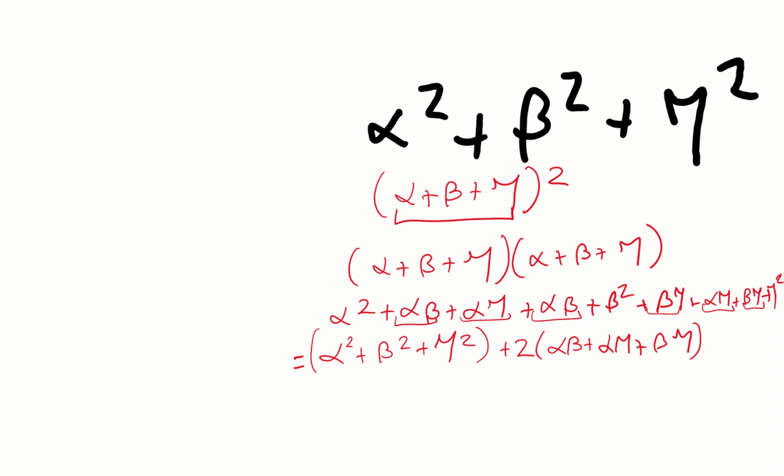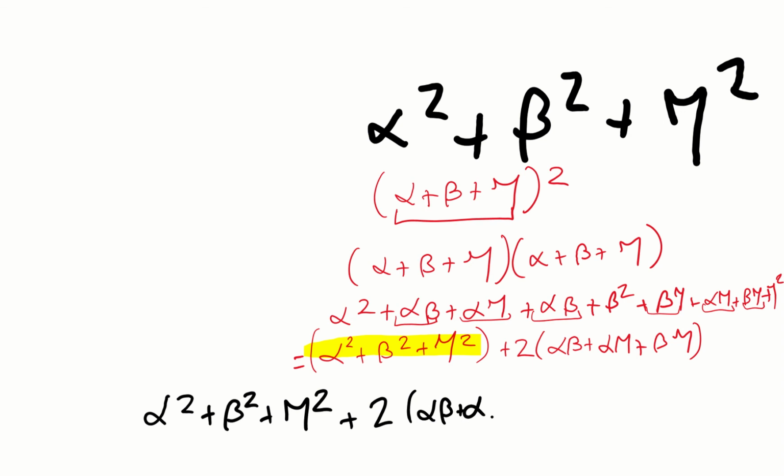Now again, the formula tells me how to equate this. Hang on, sorry, what have I done here? Yes, so what I can say now is that alpha squared plus beta squared plus gamma squared, plus 2 lots of alpha beta plus alpha gamma plus beta gamma, sorry my gammas aren't very good, is equal to alpha plus beta plus gamma all squared.